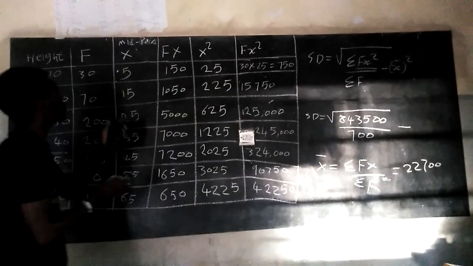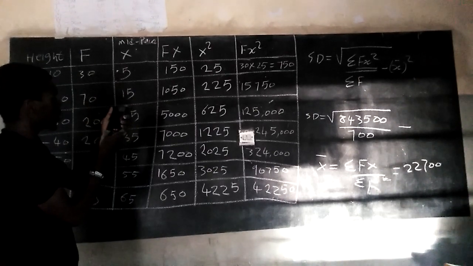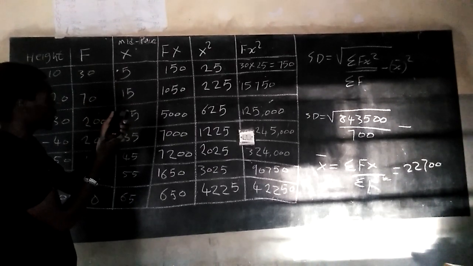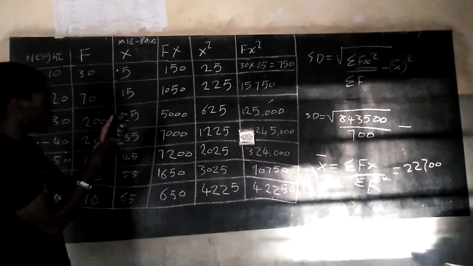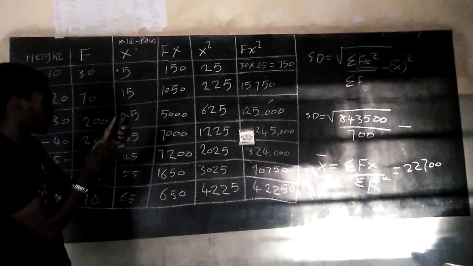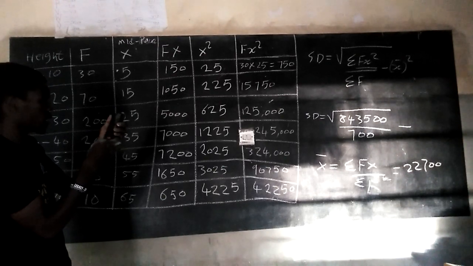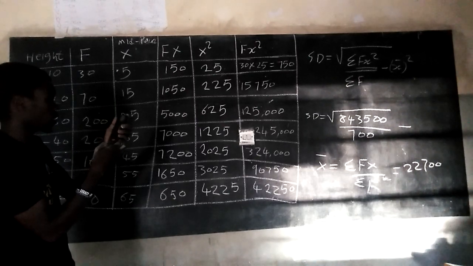So let me just try and prove again. F of x is this one, 150 plus 1050 plus 5,000 plus 7,000 plus 7,200 plus 1,650 plus 650. It's the one.